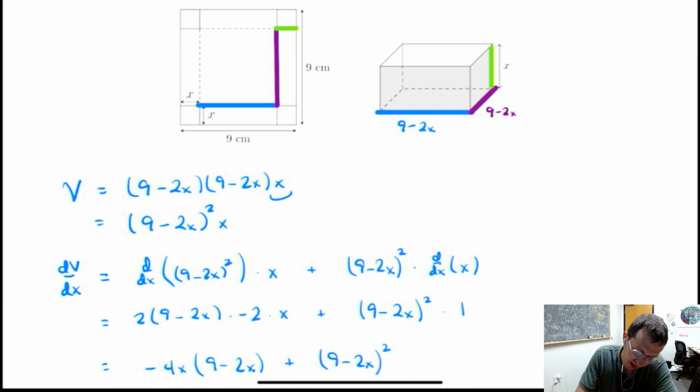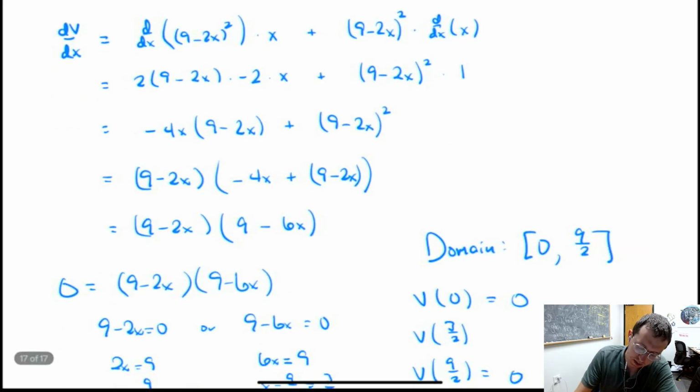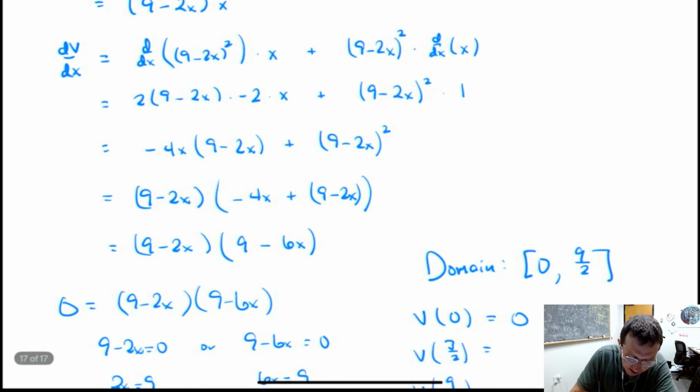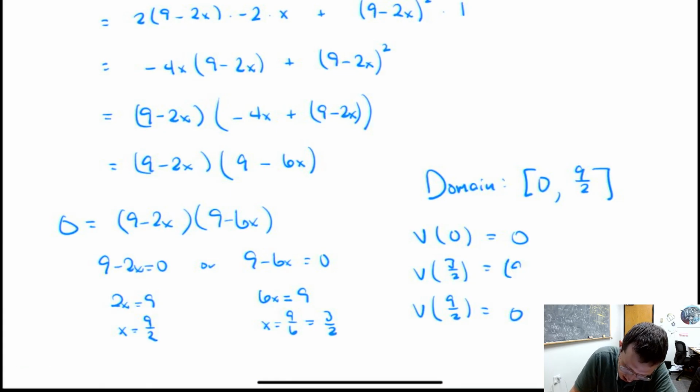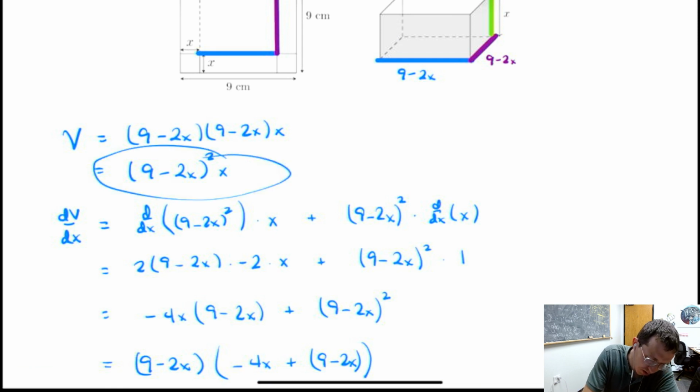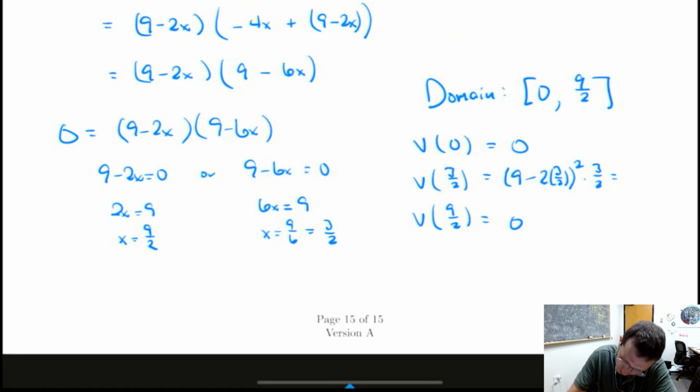Right, if you plug in x equals 0, that's going to make this part 0, so the whole thing is 0. If you plug in 9 halves, this is 0, this is 0, so you end up with 0. If I plug in 3 halves, though, I'm going to get something non-zero. I'm plugging x equals 3 halves into my volume equation.